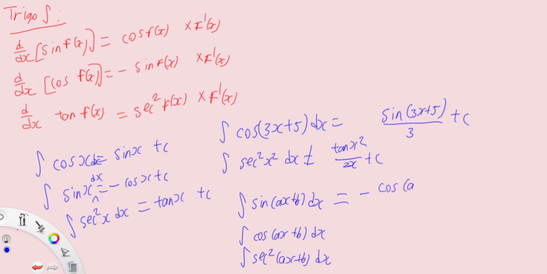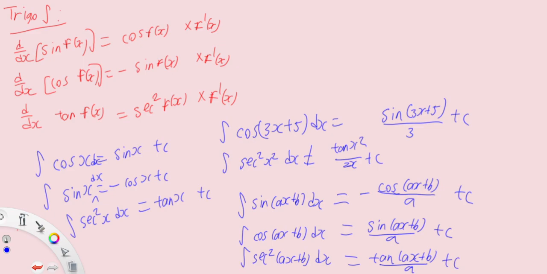So sine gives minus cosine(ax plus b) over a plus c, cosine gives sine(ax plus b) over a plus c, and now I divide by the derivative a, so secant squared gives me back tangent(ax plus b) over a, and lastly the arbitrary constant plus c. So there we have it, the general formula for the basic three trigonometries that we need for integration: sine, cosine, secant squared, which corresponds to the basic three trigonometries in differentiation: sine, cosine, tangent.